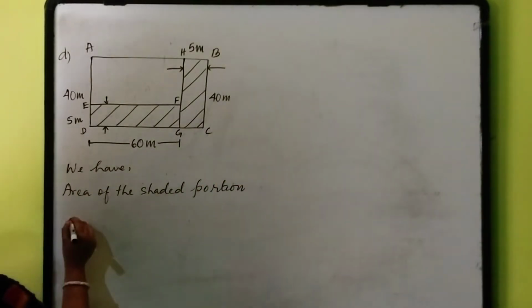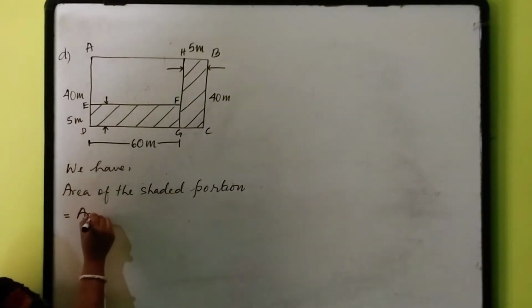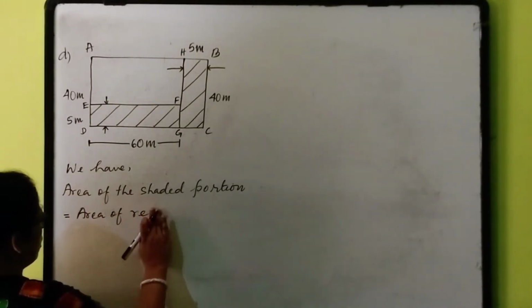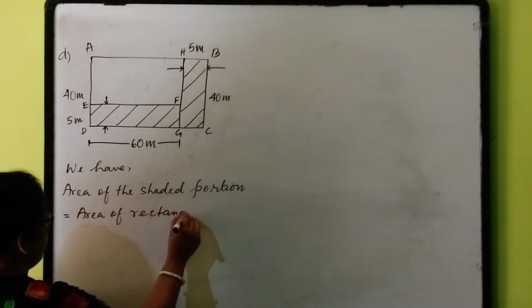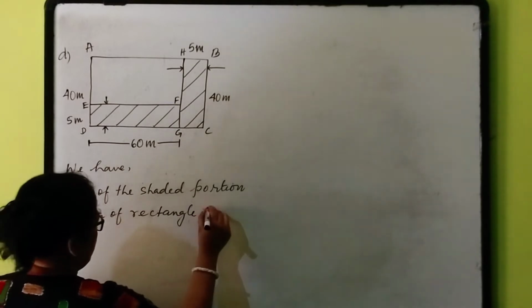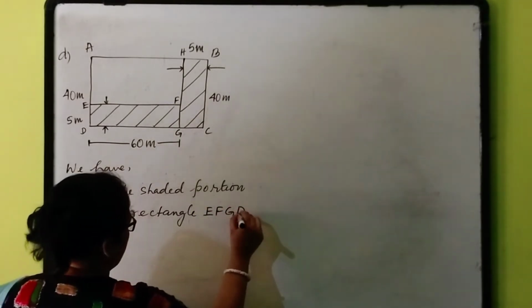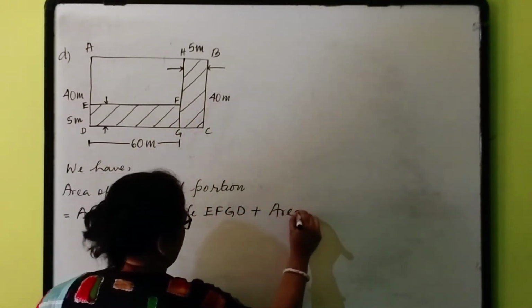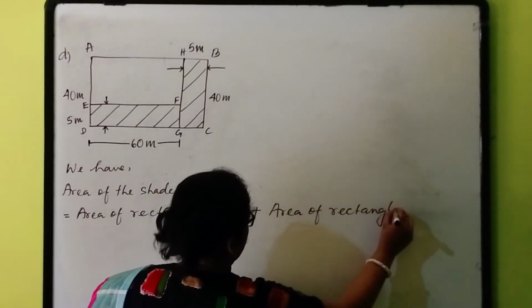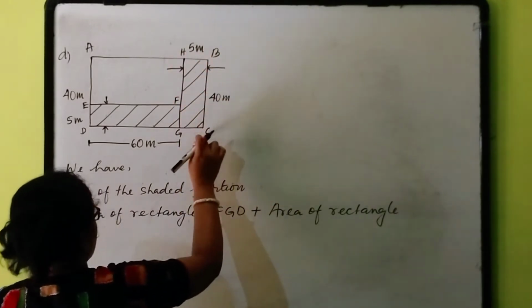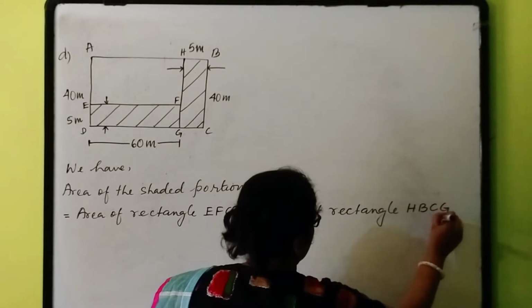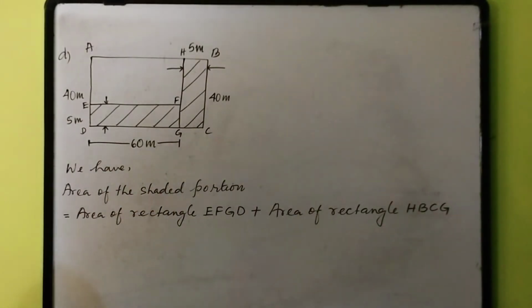Area of the shaded portion is equal to area of rectangle EFGD plus area of rectangle HBCG. This one. Area of rectangle HBCG.